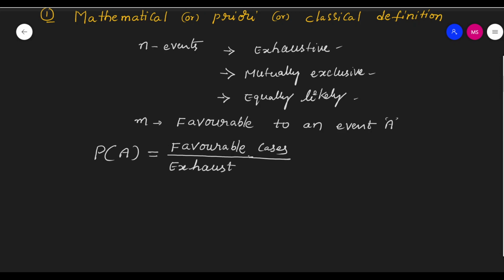This is called the mathematical, or a priori, or classical definition of probability.